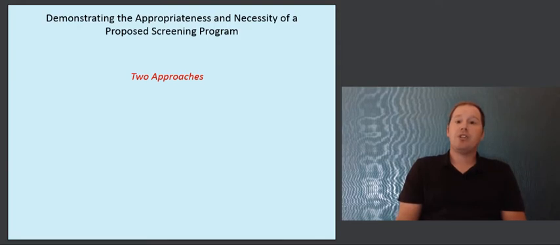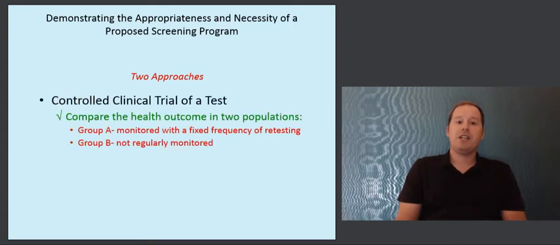There are two approaches to determining the appropriateness and necessity of any proposed screening program. The first of these is a controlled clinical trial. You'll remember back we talked about RCTs very long ago in this course, and doing randomized trials where we monitor one group and we don't monitor another, and then we compare when we randomize across populations.